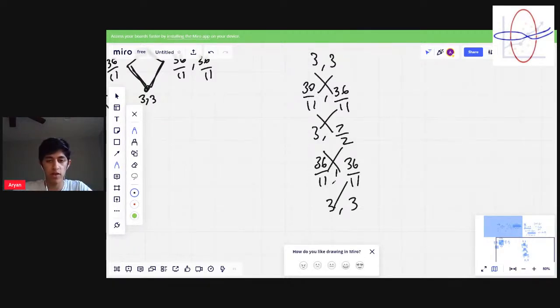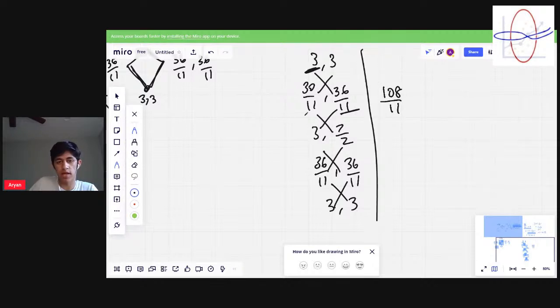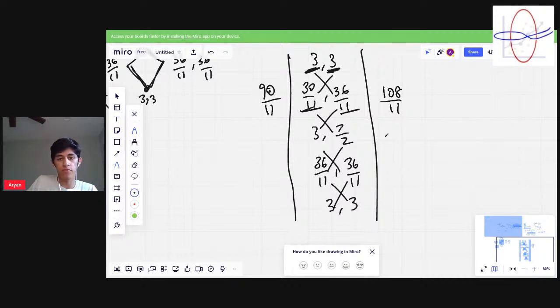So every line that I've drawn, you multiply the two numbers. Like if we start with this 3 and this 36/11, we get 108/11. And let's just write it next to these. And then this 3 times this 30/11 gives us 90/11.